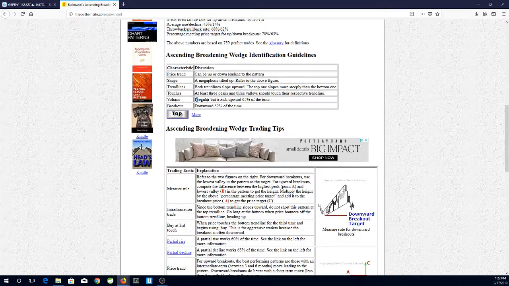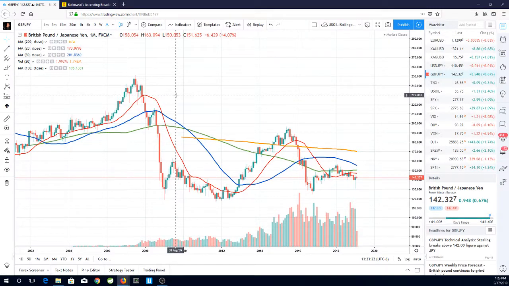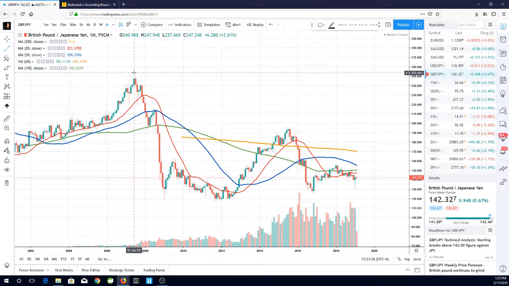Oh, here you go. Breakouts 52% of the time go down. My experience, irregular but trends upward 65% of the time. Well anyway, that's a bit of a red herring, I guess.